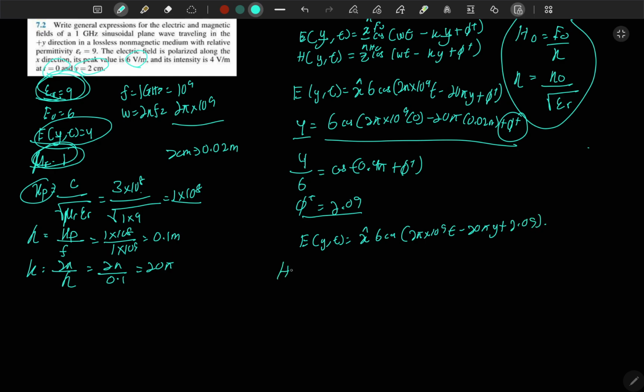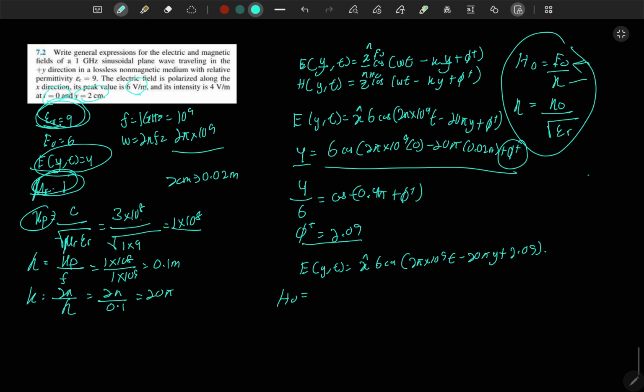Now H naught is equivalent to E naught over eta, but before that we need to find our eta. Eta is equivalent to eta naught, 120 pi, over the square root of permittivity 9, which is 120 pi over 3, which is equivalent to 40 pi. So H naught is equivalent to 6 over 40 pi, which is equivalent to 0.0477.